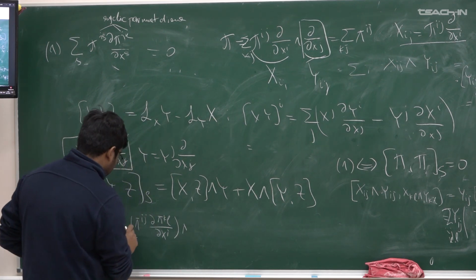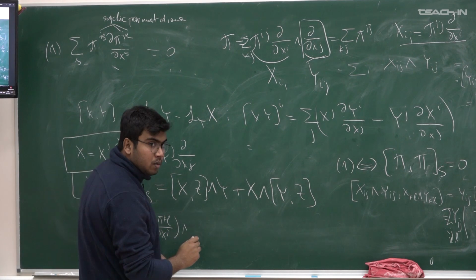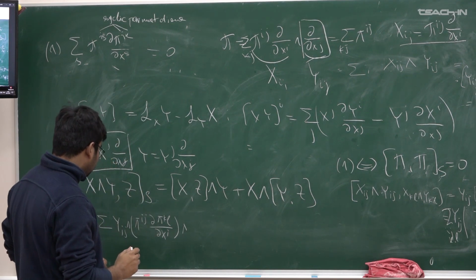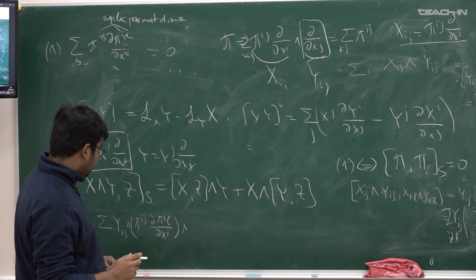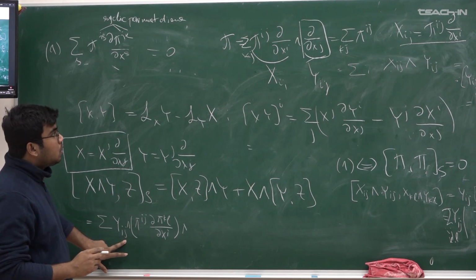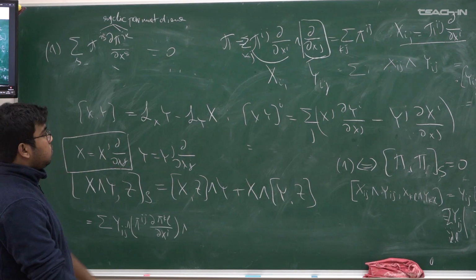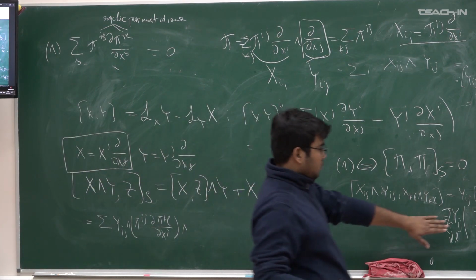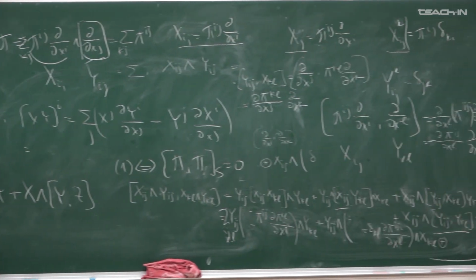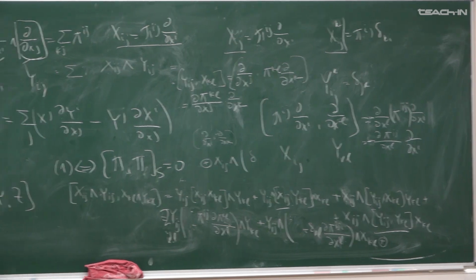Maybe you should write yij in the formula. Sure. Is ddxj. No, I'm just rewriting this term. Yeah. Okay.